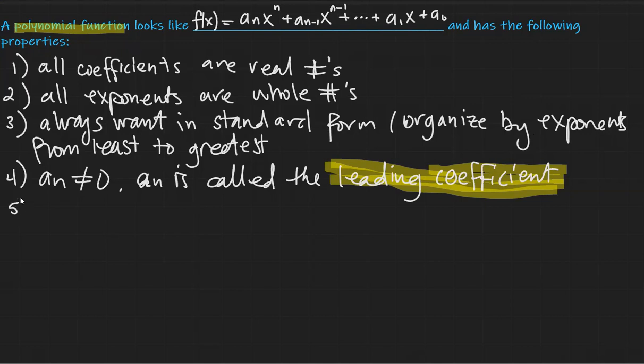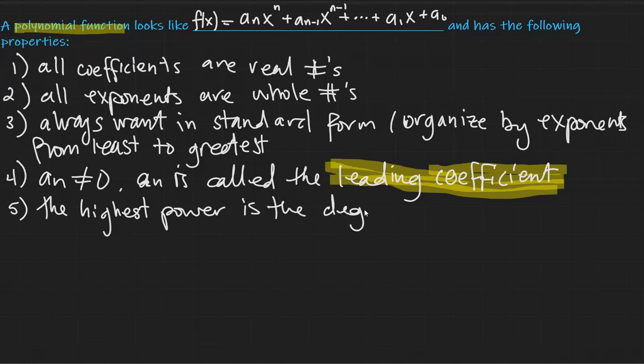Number 5 in our list of properties: the highest power. The highest power, that's another word for exponent. The highest exponent is the degree. That's another term, the degree.